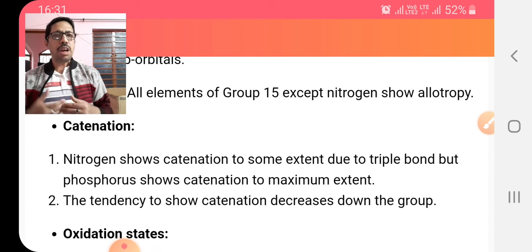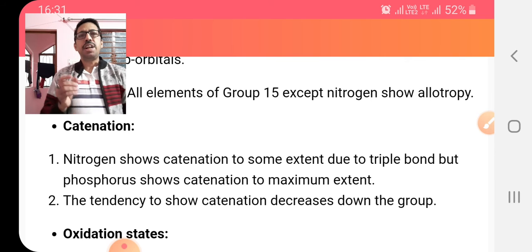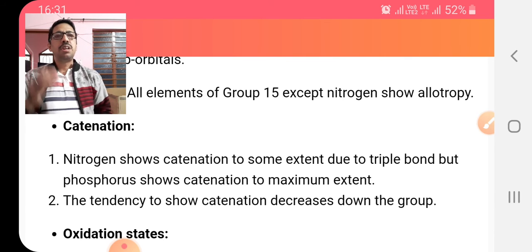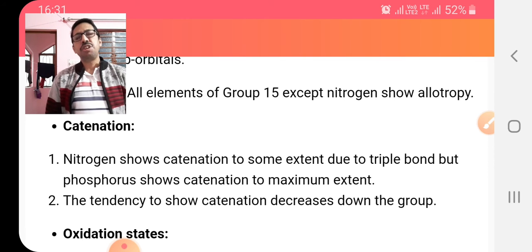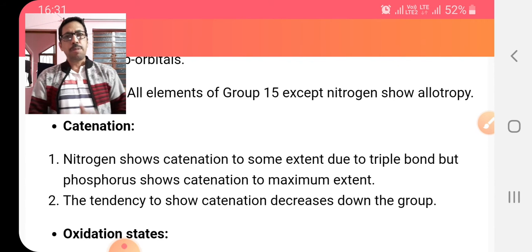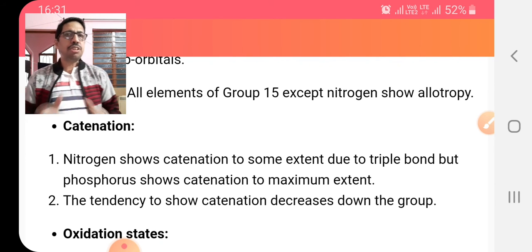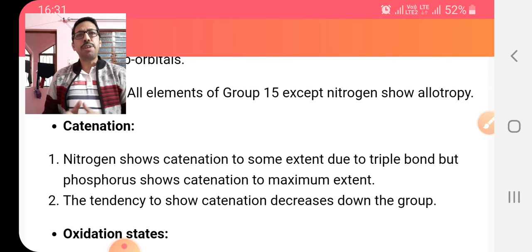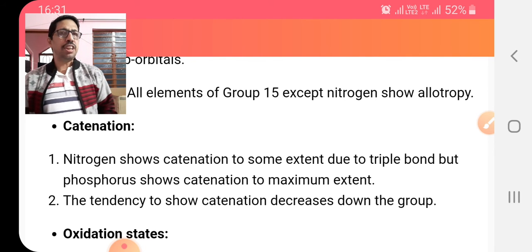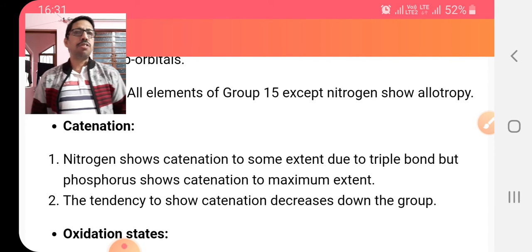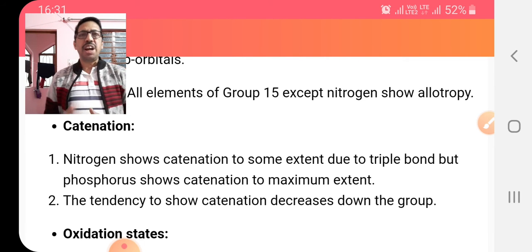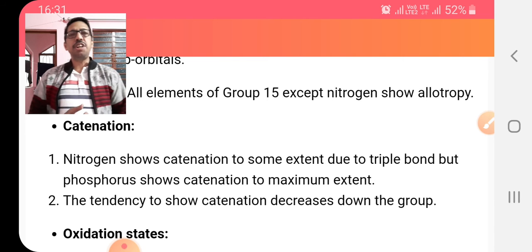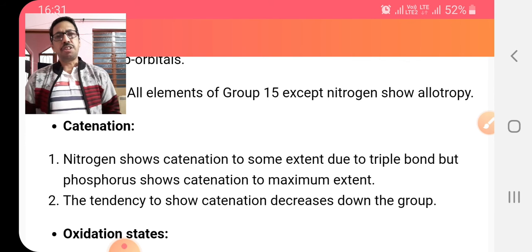And as I mentioned earlier, the tendency to show catenation decreases down the group. If somebody asks you why it happens, the answer is very simple: as the size increases, the tendency for linking with identical atoms decreases, and consequently the catenation property decreases.